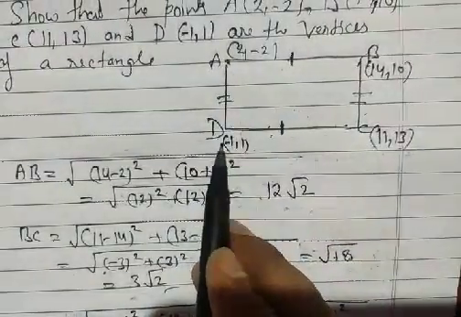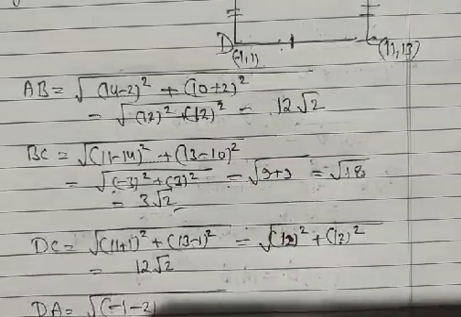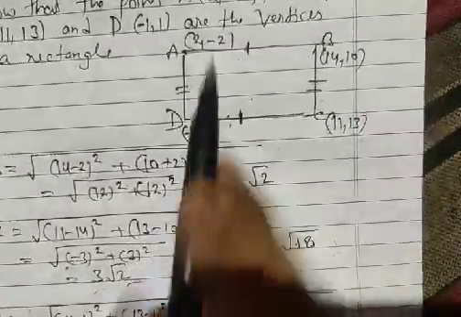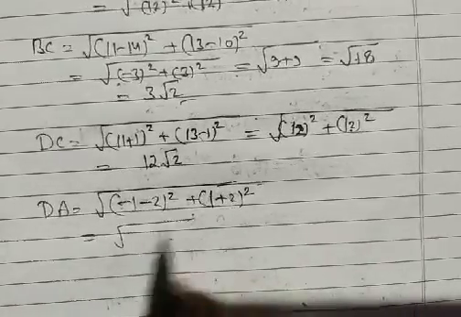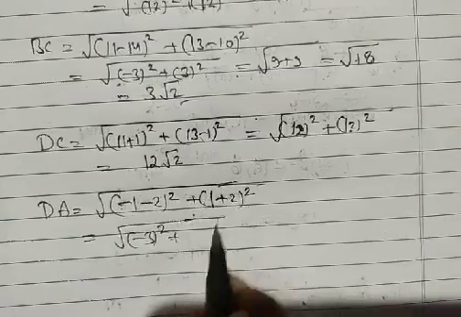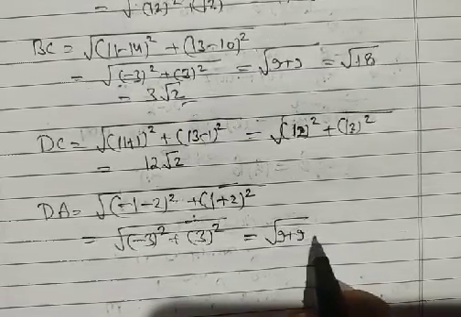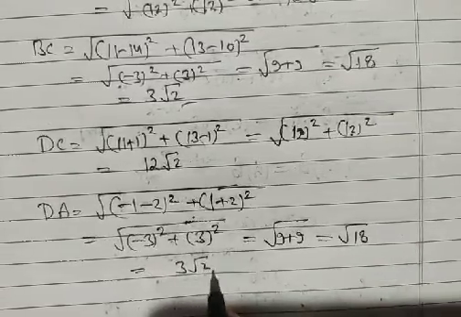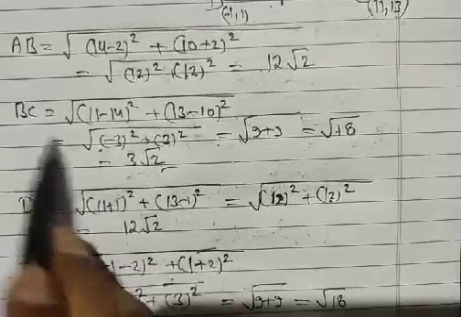DA is (minus 1 minus 2) whole square plus (1 minus 1 plus 2) whole square, so we get minus 3 whole square plus 3 whole square. 9 plus 9 is under root 18. After solving we get 3 root 2. Our DA is 3 root 2, and our BC is also 3 root 2.